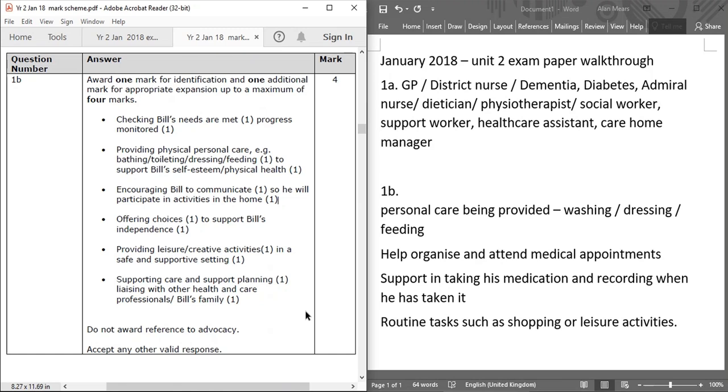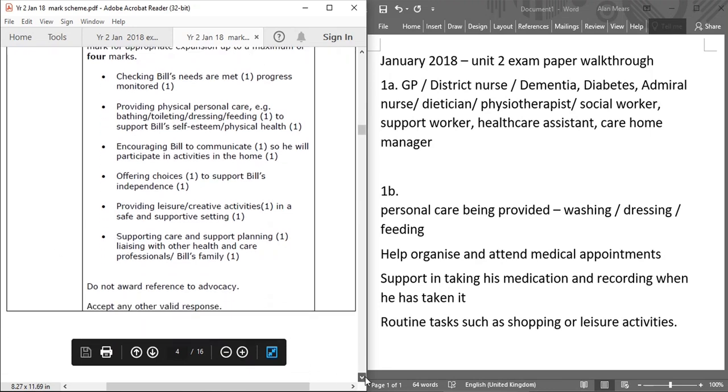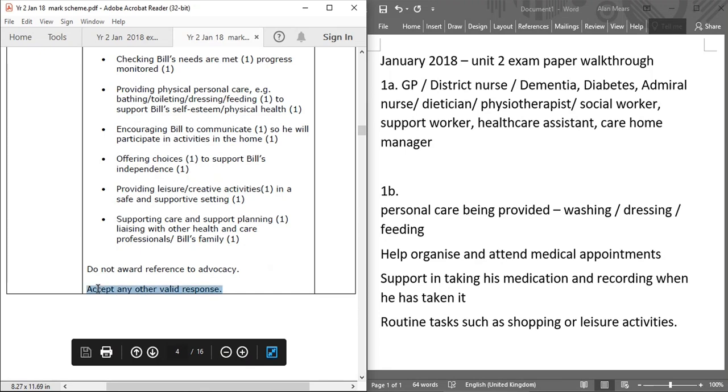Again, 1 mark for identifying the support, 1 mark for expanding on it to explain how or why that is of use to Bill. Again, I've not gone into that in too much detail in my plan, but just to give you the context of some ideas of what you could talk about. Again, you don't have to match the mark scheme. One of the big things I love about the Unit 2 paper, why personally it's one of my favourite papers, is the phrase at the very bottom of the paper, which I just want to highlight here: accept any other valid response.